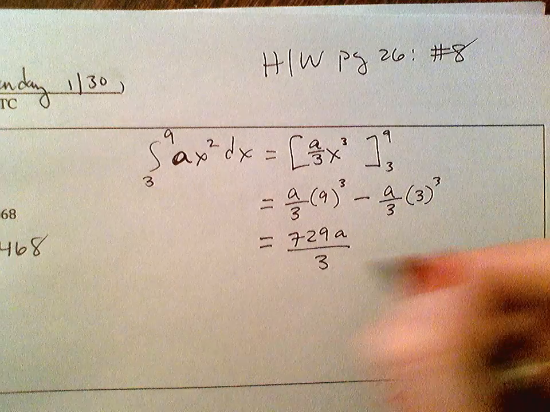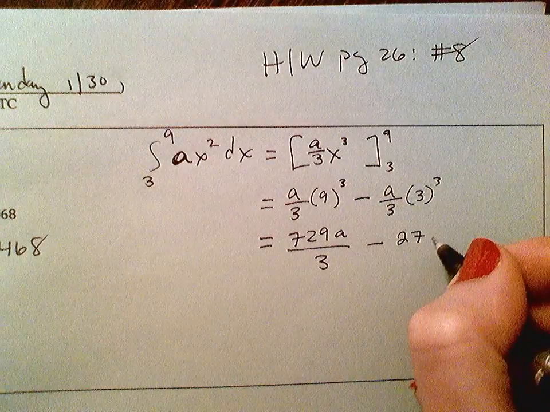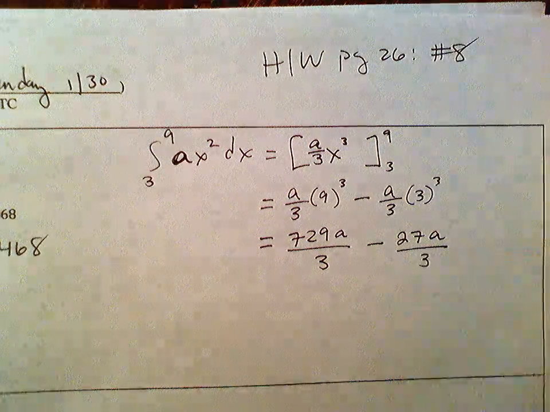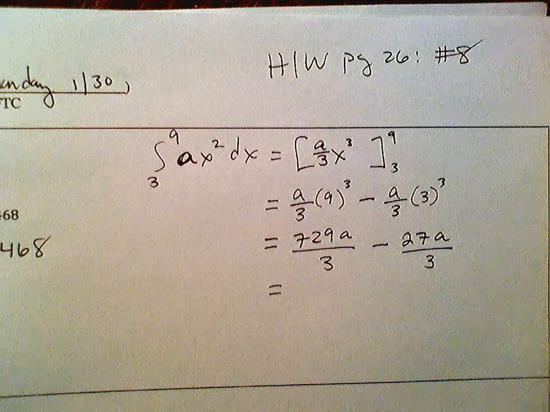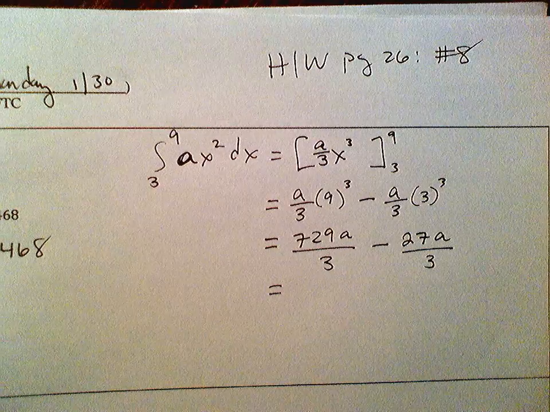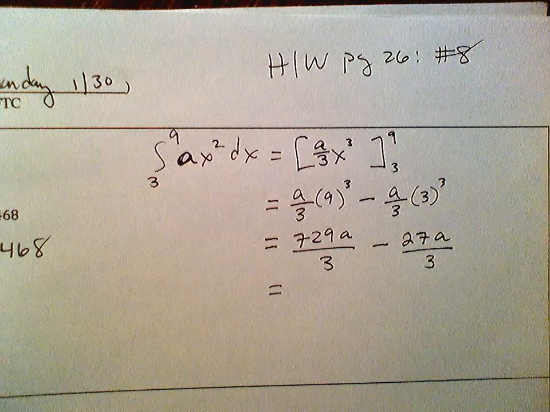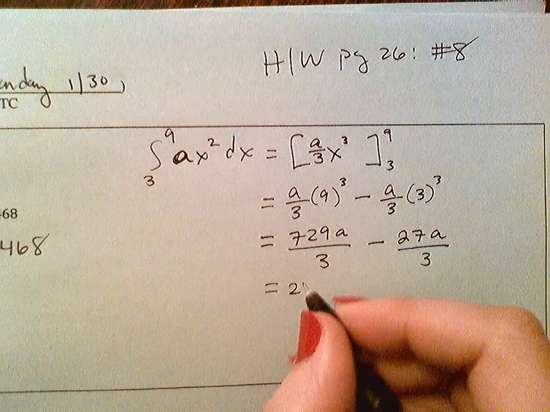So this is equal to 729a over 3 minus 27a over 3. Then 81 times 3, is that 243? I think that this is 243.